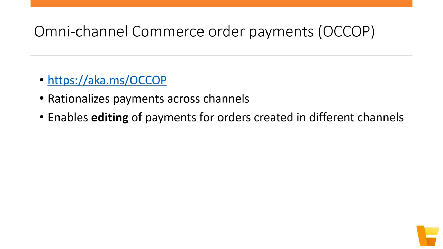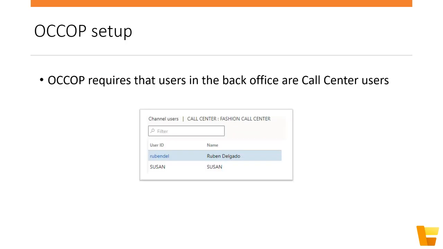It also enables editing of payments for orders created in different channels. So the primary place where we're editing those orders and where a lot of that emphasis is in the back office. So when this feature is enabled, your users need to be call center users to have those rich payment editing capabilities in the back office.